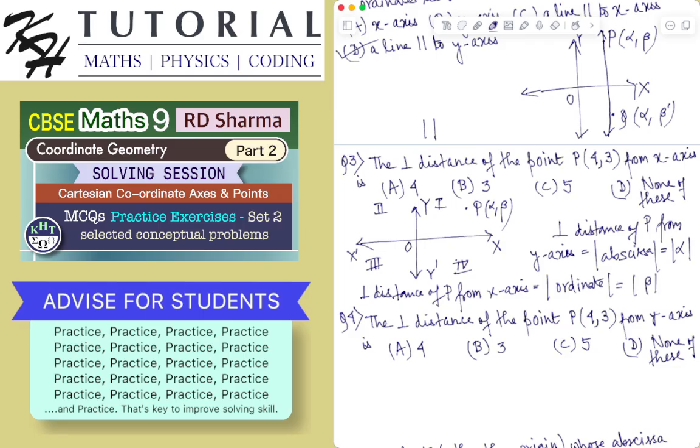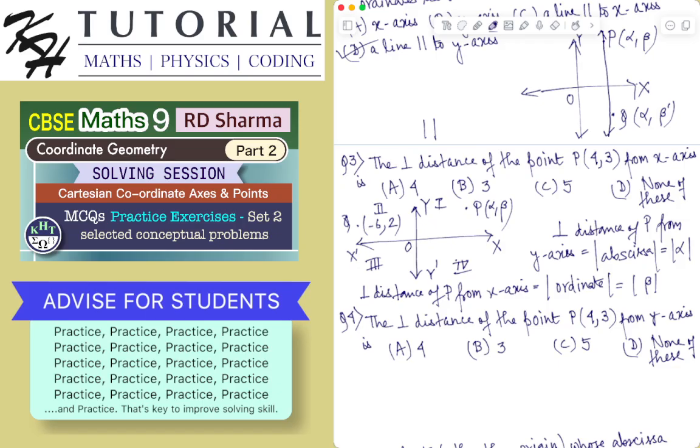Now suppose there is a point over here, let's say Q, whose coordinates are, let's say, minus 6 comma 2. What will be the perpendicular distance of this point Q from the y-axis? It will not be minus 6. It will be modulus of minus 6, which is 6. And all the distances in the Cartesian plane are in units.